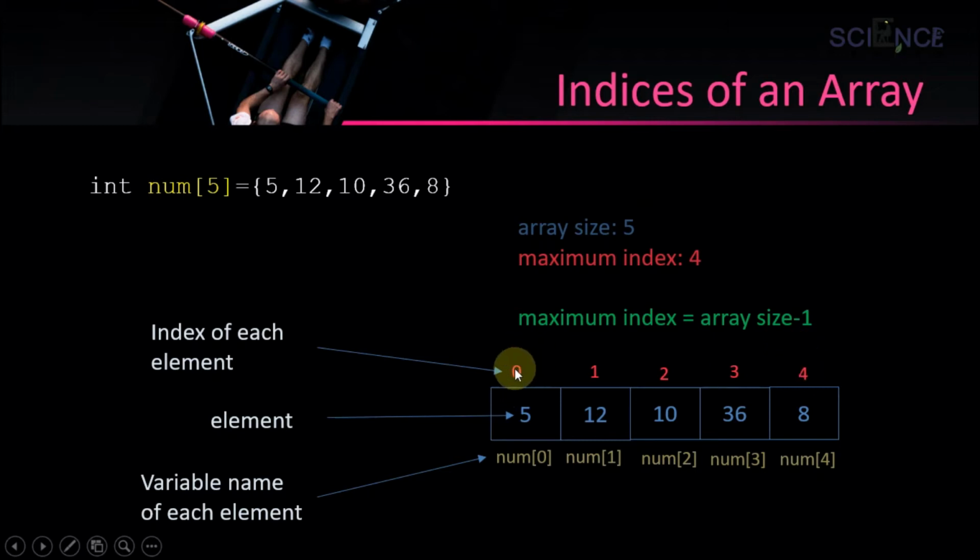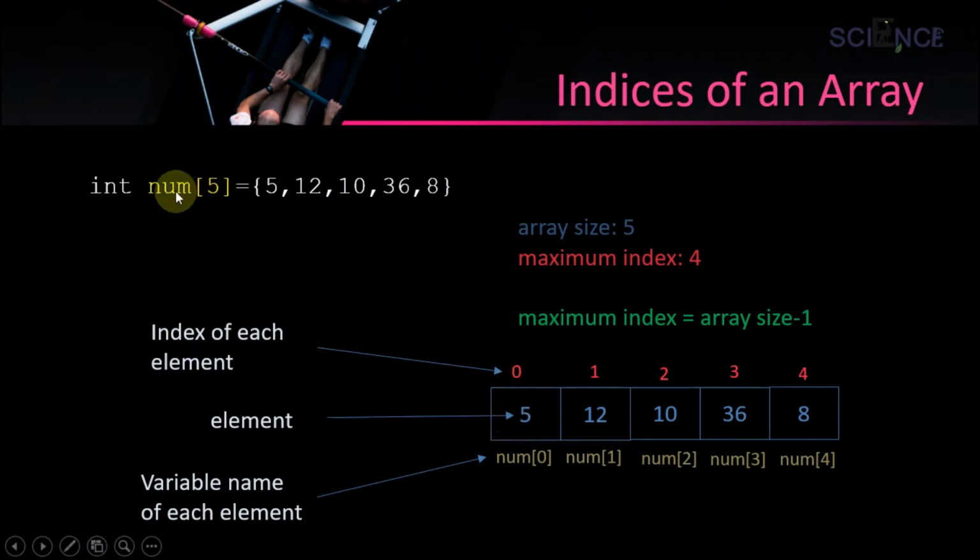Because we start from 0. If my array size is 5, my maximum index is 4. If we want to find the maximum index of an array, we need to subtract 1 from the array size, right? So we know how the indexes are represented in an array.